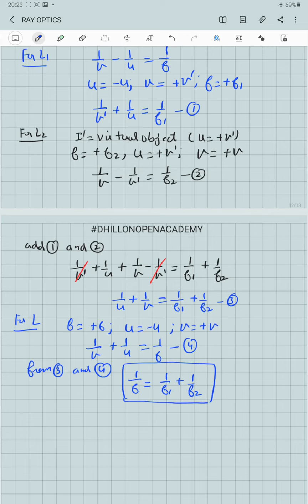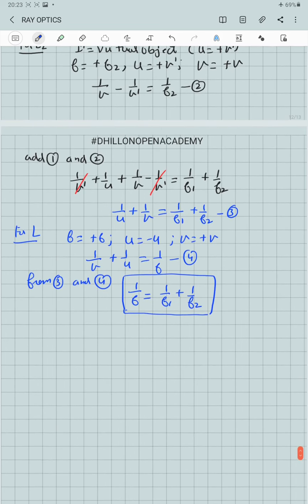So this relation will be valid also when more than two lenses are in contact. If three lenses are there in contact having focal lengths f1, f2 and f3, then their equivalent focal length will be 1 by f equal to 1 over f1 plus 1 over f2 plus 1 over f3. And this can be extended for as many lenses.